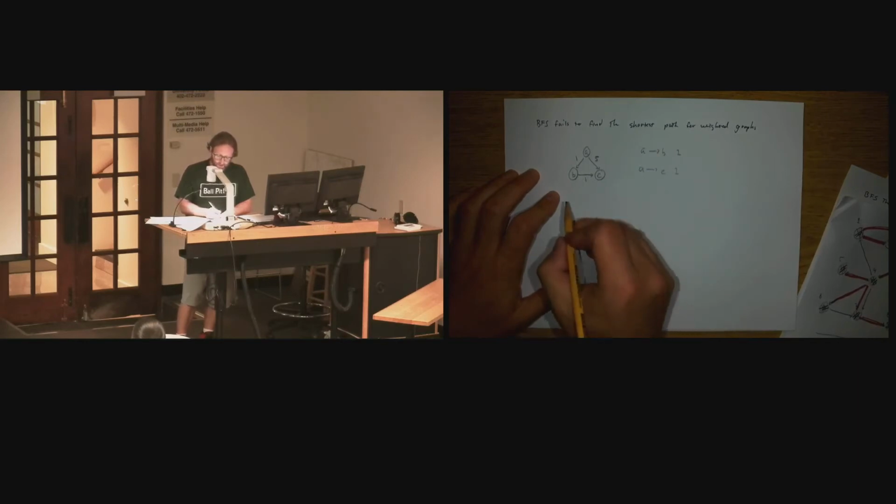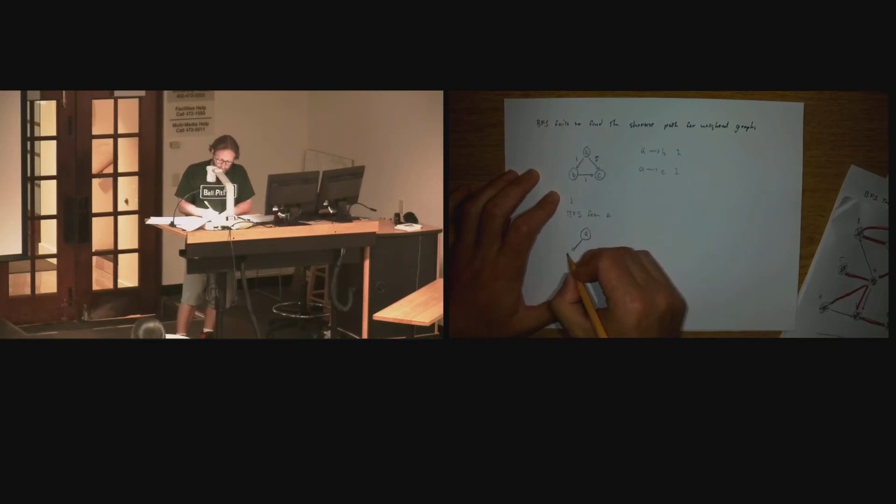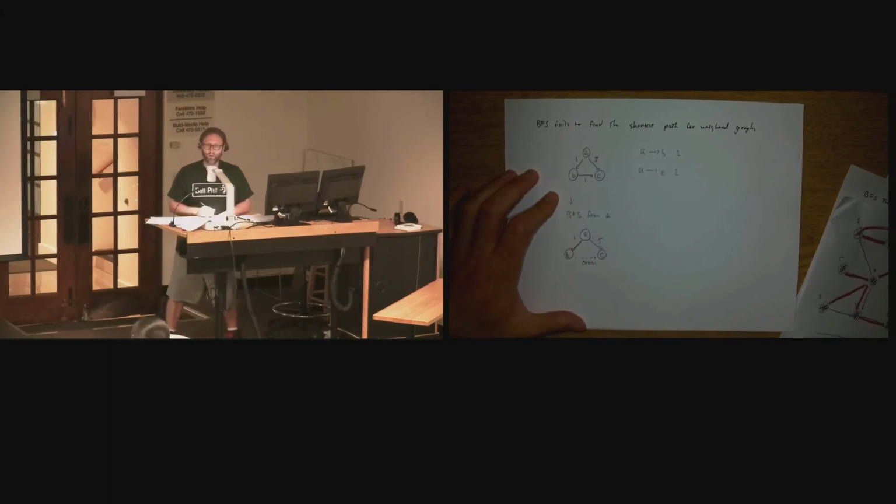A BFS tree from A would end up looking like this: A to B at a cost of 1, and then to C at a cost of 5. And then this would end up being a cross edge that would not show up as part of the BFS tree, unless you drew your cross edges.